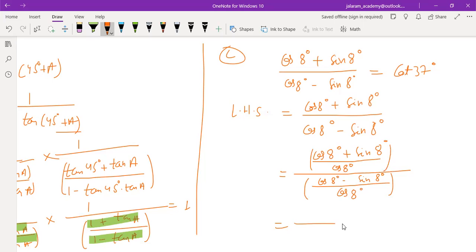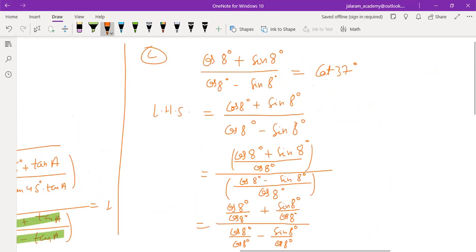Now split these fractions. So it becomes cos 8 degree over cos 8 degree plus sin 8 degree over cos 8 degree. At the same time, in the denominator, we write cos 8 degree over cos 8 degree minus sin 8 degree over cos 8 degree.